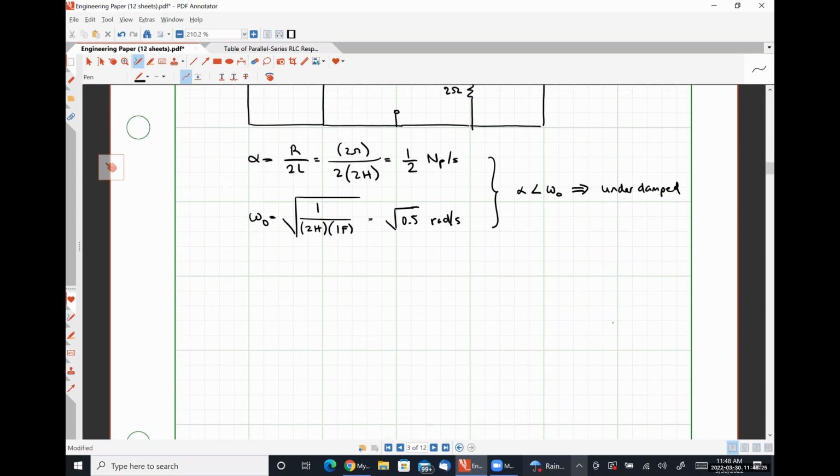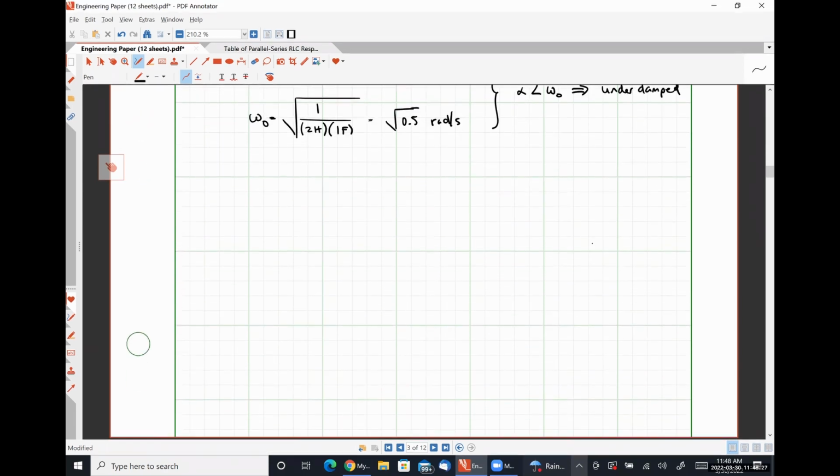So at t equals 0 minus, this represents a DC steady state condition, which means that we are going to replace all of our capacitors with their DC steady state equivalent. What's the DC steady state equivalent of a capacitor? Open circuit.